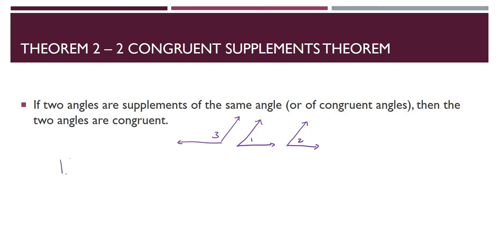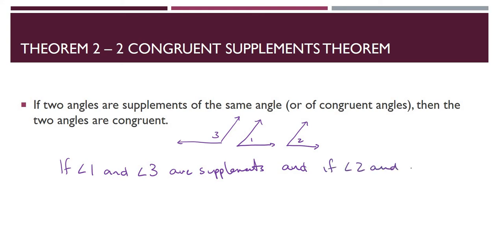So what I'm saying is that if angle 1 and angle 3 are supplements, and if angle 2 and angle 3 are supplements, then angle 1 is congruent to angle 2. That's what our theorem says.